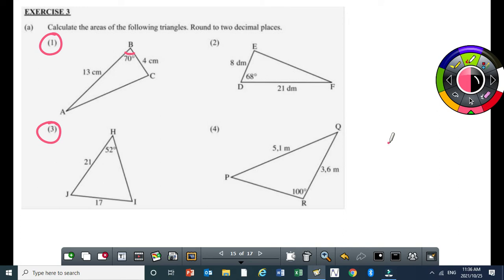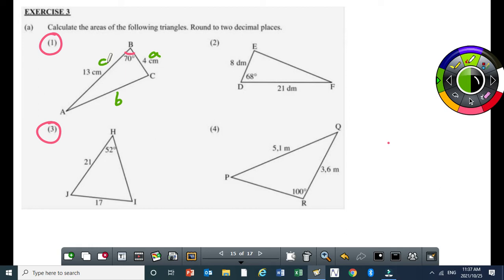Then we are given the length of AB and the length of BC. If I use the small letters for this triangle, this will be small b, that will be small a, and that will be small c. So I know the lengths of small a and small c, and I'm also given the angle between them.